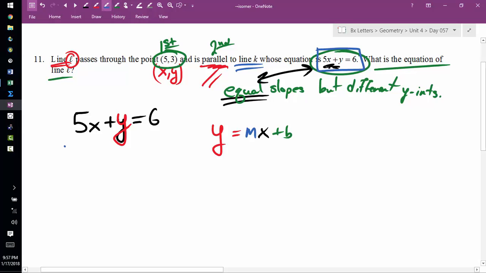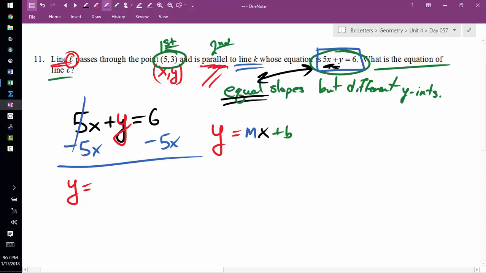I'm interested in getting rid of 5x because when I'm done, I want this to look like y equals my minus 5, and then the x. It doesn't have to come first, but it should, just so we don't make a mistake. It's resembling that form. And then we're going to stick this constant, that 6, at the end.